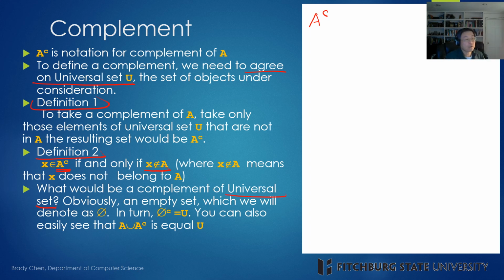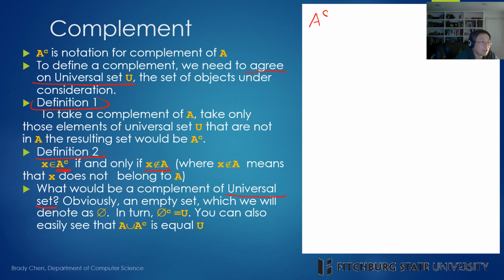The universal set is supposed to contain all the elements we're considering. Now the complement of the universal set, that means an element in the complement of the universal set belongs to something other than the universal set.